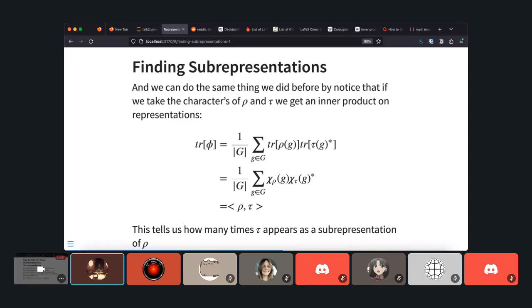It's either they're the same or they are not the same. It's 0 if they're not the same, and 1 if they're the same. And in general, that's how you tell whether a representation is irreducible: it's irreducible if and only if the inner product with itself is 1.